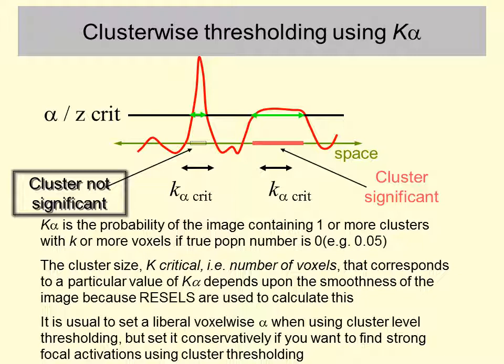So once again, if you're using this method of thresholding, it's a good idea to have fairly smooth images, and that can be achieved either with quite large sample sizes at the second level or by applying quite a bit of smoothing to your first level data. It's usual to set a fairly liberal voxel-wise alpha when using cluster thresholding as the initial thresholding step, unless you are trying to use cluster thresholding to look for small activations like ones in the superior colliculus. Then you tend to set it a bit higher.